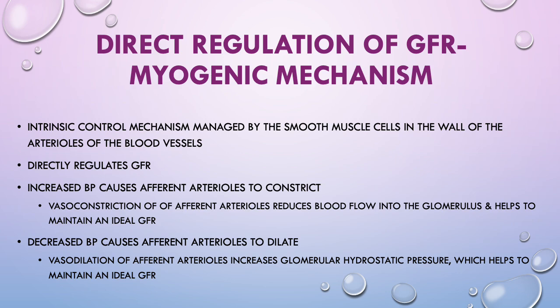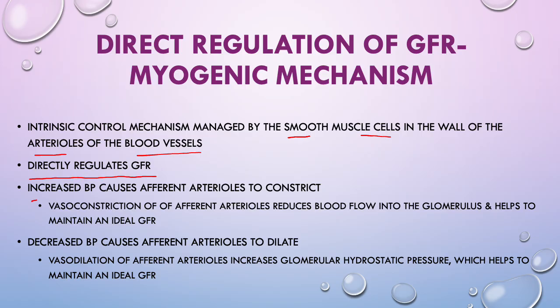This one is the direct regulation of the glomerular filtration rate by the muscle contraction of the arterioles, okay? This is known as the myogenic mechanism, and it's managed by the smooth muscles in the wall of the arterioles of the blood vessels. This one directly regulates the GFR.